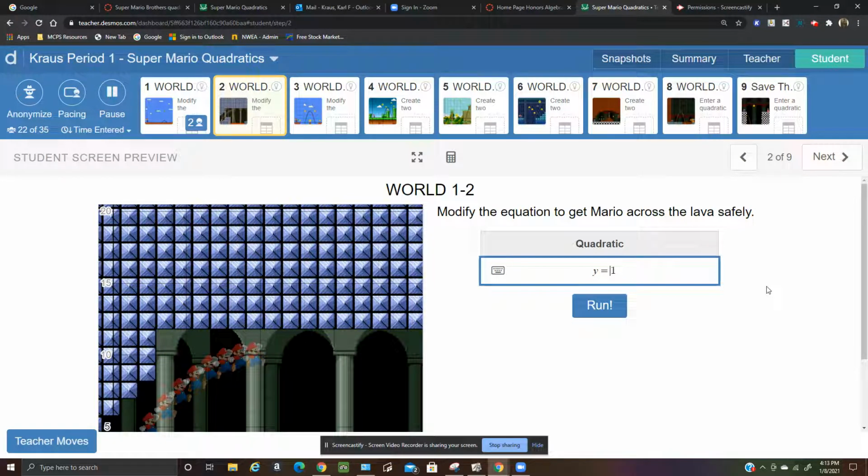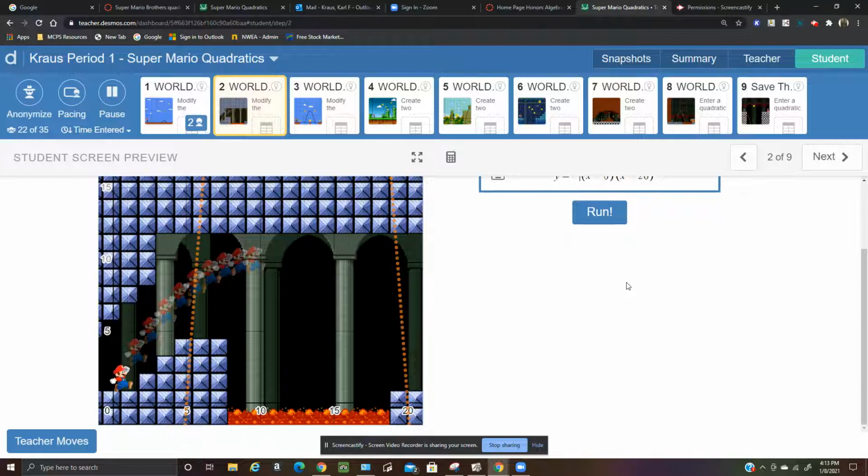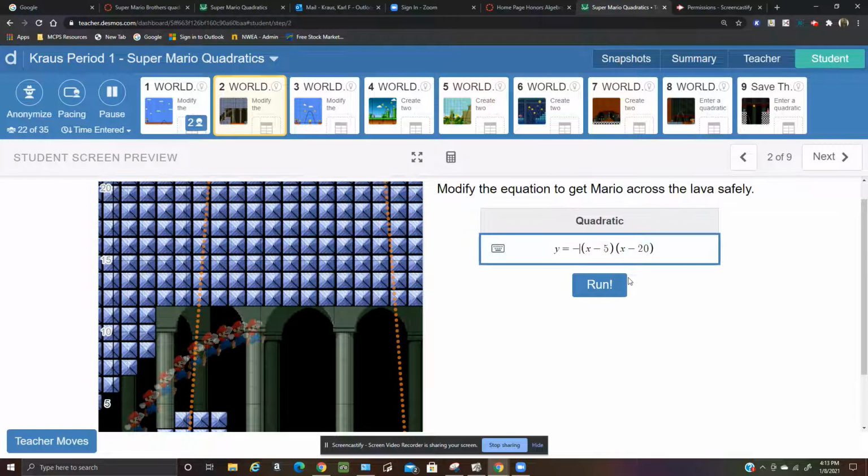I'm using the intercept form. So x minus 5 times x minus 20. And so this is facing upward. I want it to face downward, so just do a negative. And that would probably work.